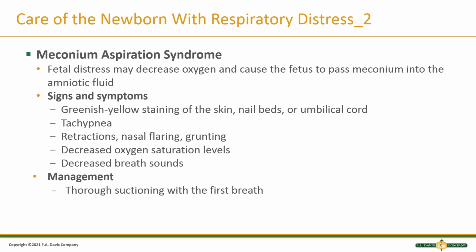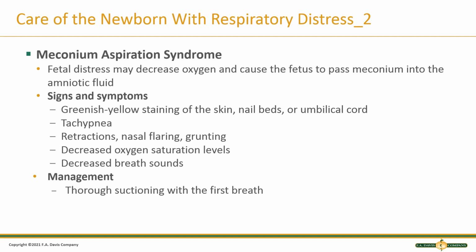As the fetus struggles, they may swallow and draw fluid into the lungs. So then at delivery, it can occur if the baby has passed the meconium before birth, but maybe has not swallowed it yet, but maybe at birth, if they inhale that meconium in their nose and mouth before they've been suctioned, they may swallow it, they may aspirate it, it may go down to the lungs, and then they're going to have meconium aspiration syndrome.